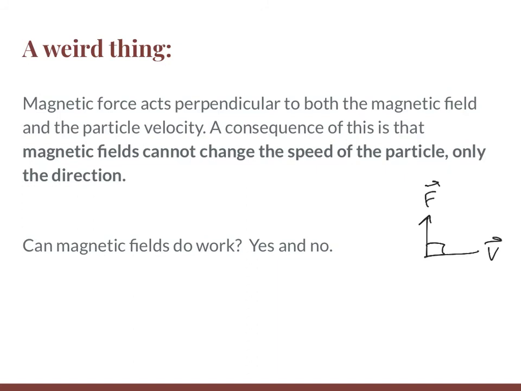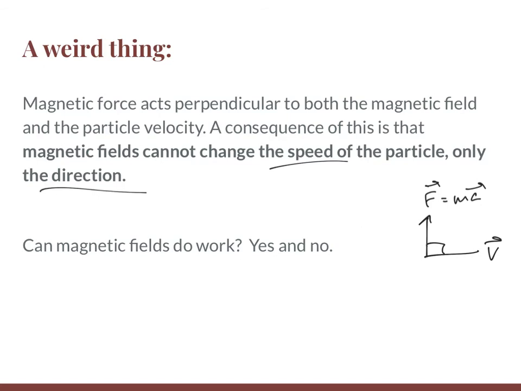So the acceleration is always perpendicular to the velocity, which means we're only going to be changing direction and never speed, because acceleration has to be in the same direction as velocity in order to change the speed. So we're never changing speed, only direction.